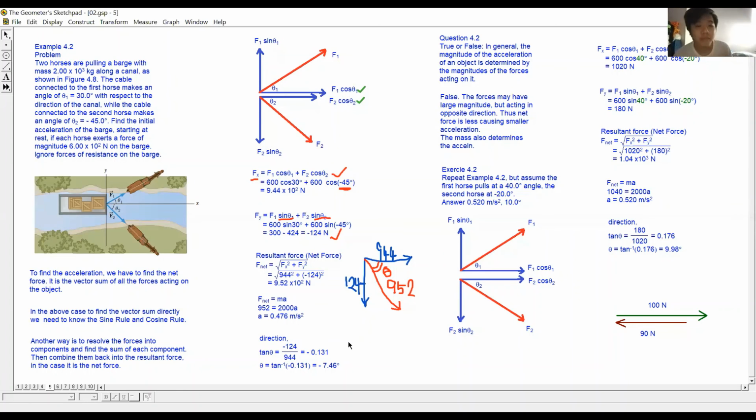I put in the full number, I did not round it up, and I got negative 7.48. So I have to put negative 0.131 to get the negative 7.46. Yes, you are right. They are very particular about this rounding off.